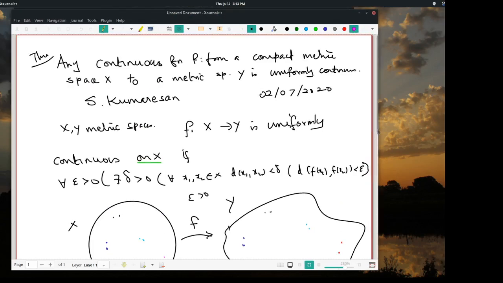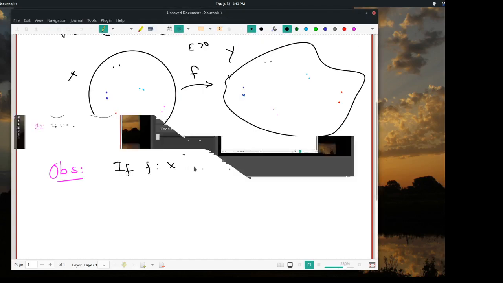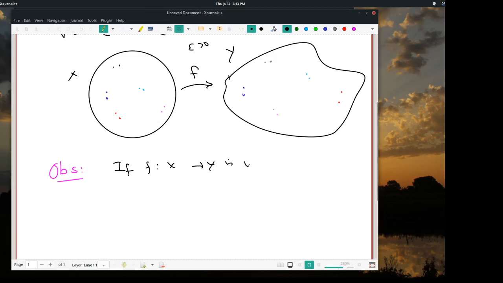Now just to make sure, as a corollary, the first observation is: if f is uniformly continuous on X, then f is continuous.